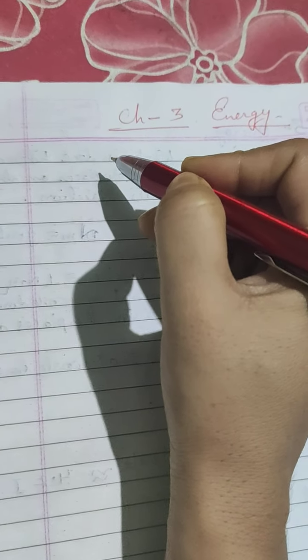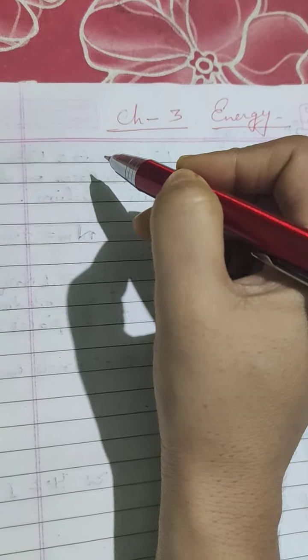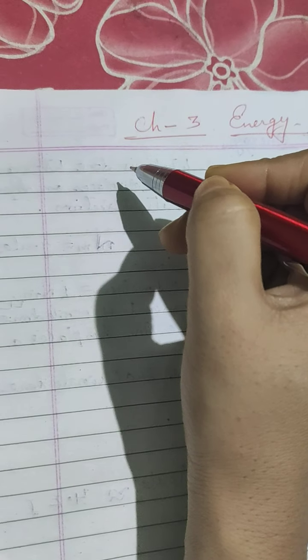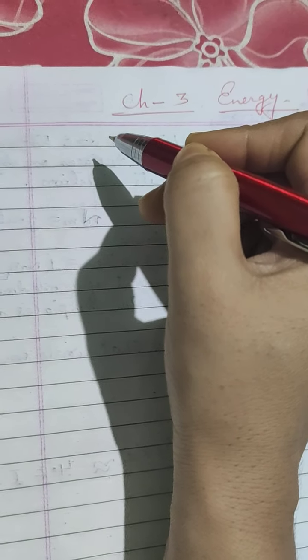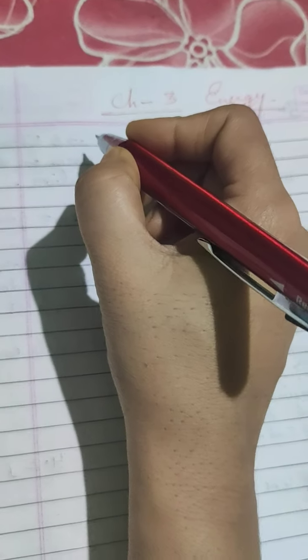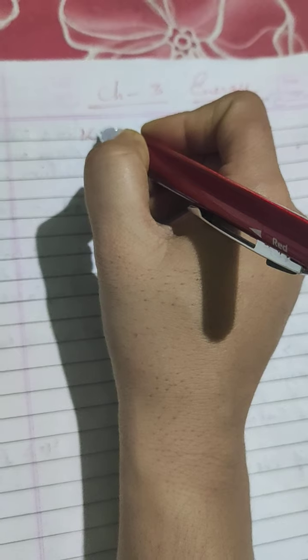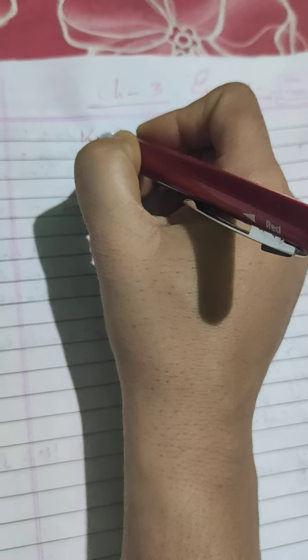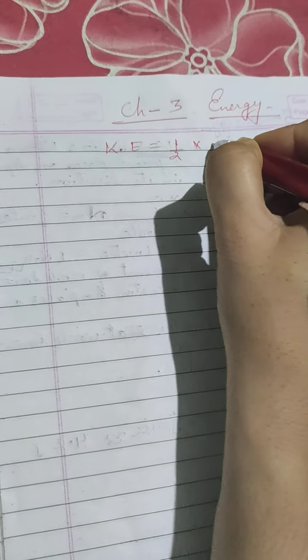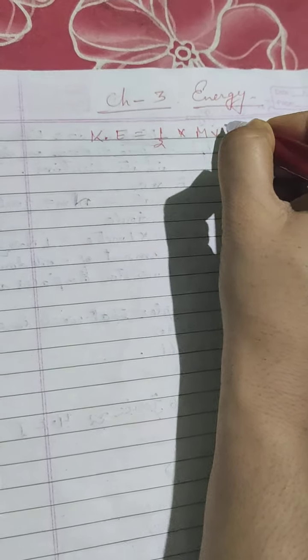Children, I hope you have understood kinetic energy and potential energy. I hope you have revised all those topics. So, kinetic energy formula, just see here, this will be helpful to solve the numerical problem. Kinetic energy, that is KE, equal to half into mv square.